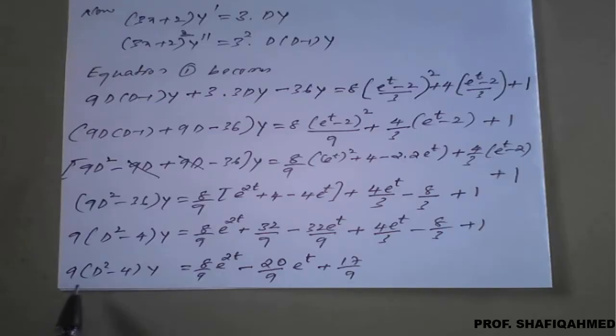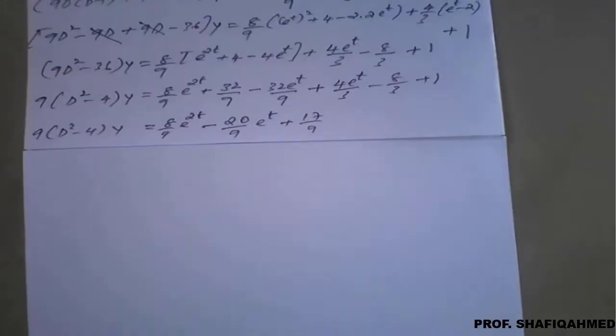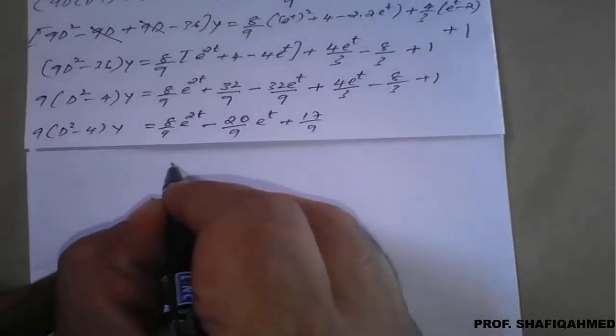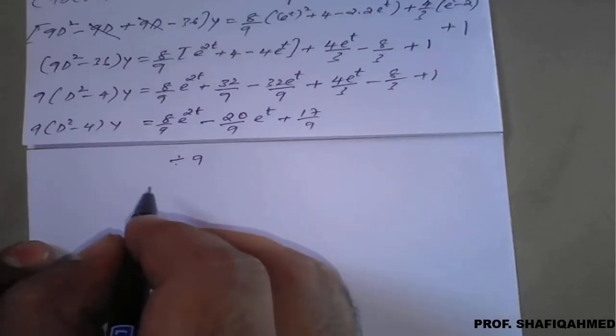So you divide both sides by 9, so we'll get what here?